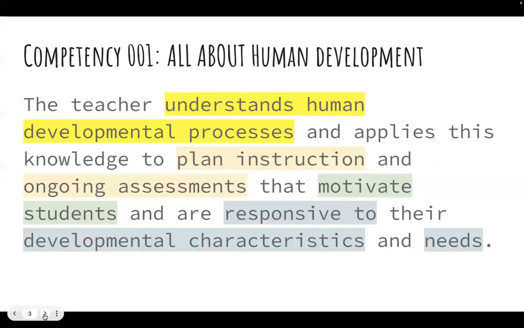And so it's our job to understand where they are at any given age group, grade level, and what things would work best for their instruction and assessment. So you apply your knowledge of the human developmental process to plan instruction, that ongoing consistent assessment, and that you know what ways to motivate the different age groups, be responsive to their developmental needs and their characteristics.